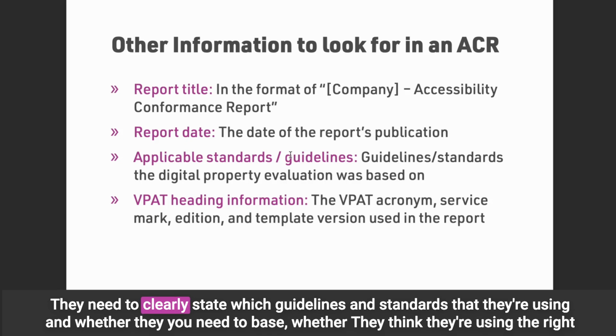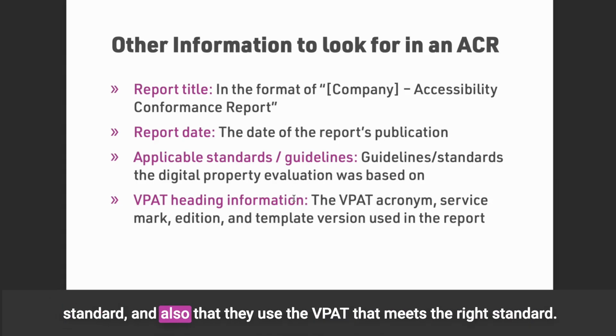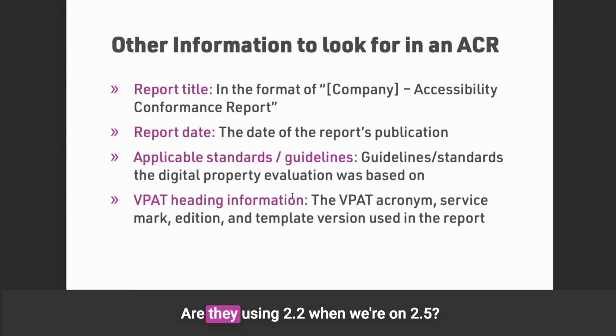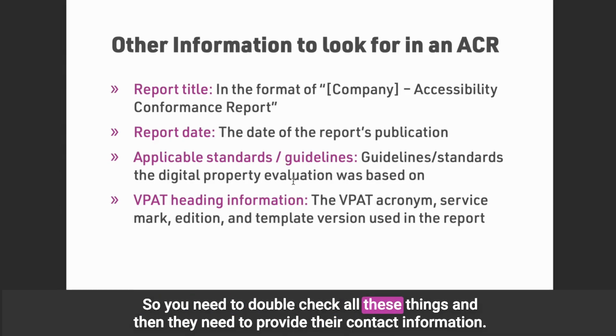They need to clearly state which guidelines and standards that they're using, and you need to base whether they think they're using the right standard, and also that they use the VPAT that meets the right standards. They should be telling you which VPAT they used, what edition, which version. Are they using 2.2 when we're on 2.5? So you need to double check all these things.